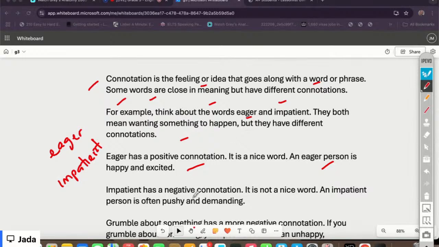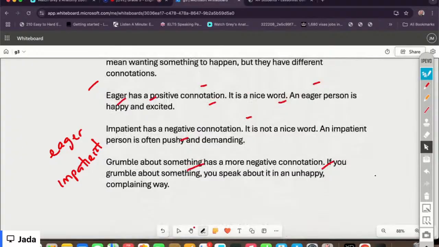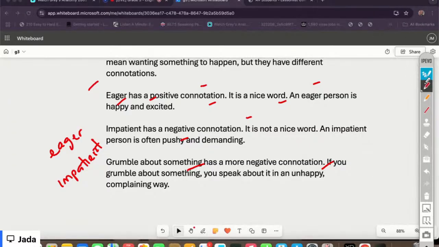It's a negative connotation. It is not a nice word. An impatient person is often pushy and demanding. This person has no patience at all. But eager and impatient mean almost the same thing, with a positive and a negative connotation.